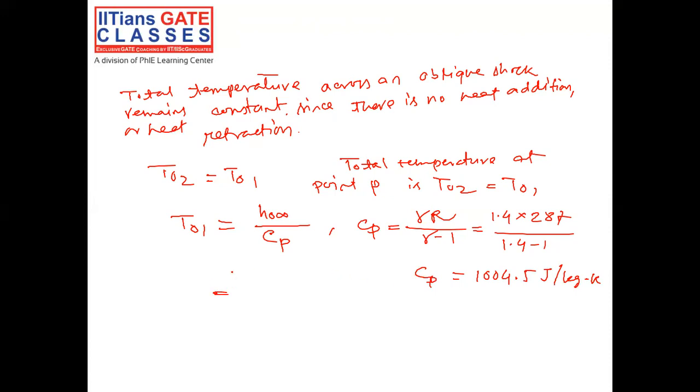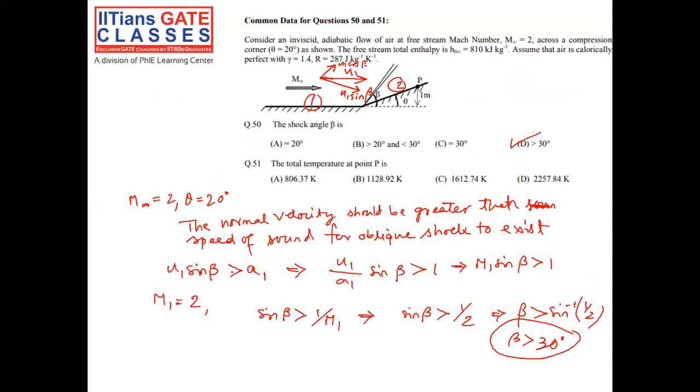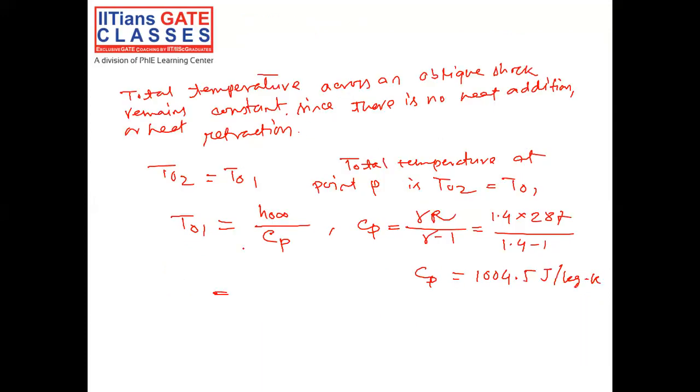So HO infinity, that is the total enthalpy upstream of the oblique shock, is given as 810 kilojoule. So this will be 810 into 10 to the power 3 joule divided by 1004.5. If we calculate this, we will get 806.37 Kelvin.